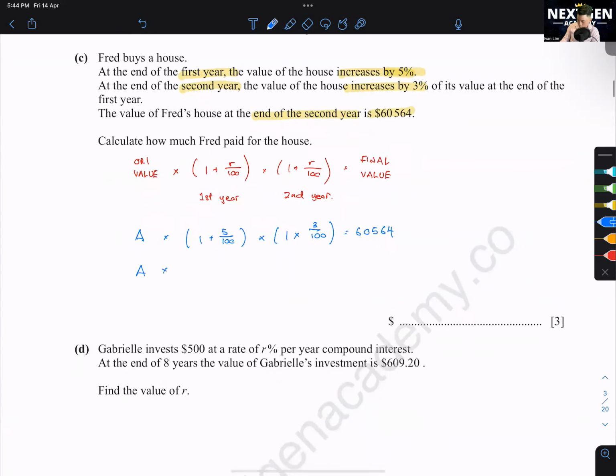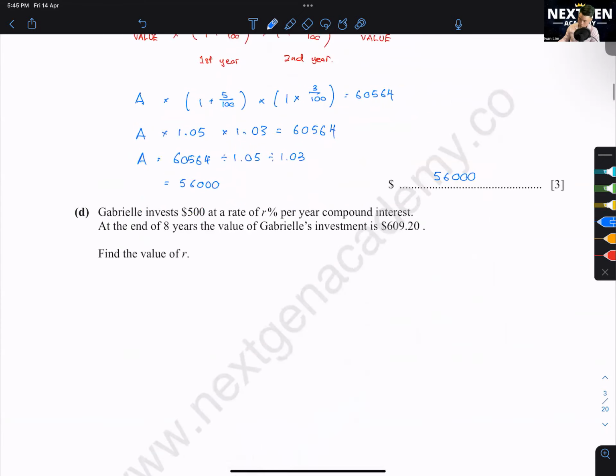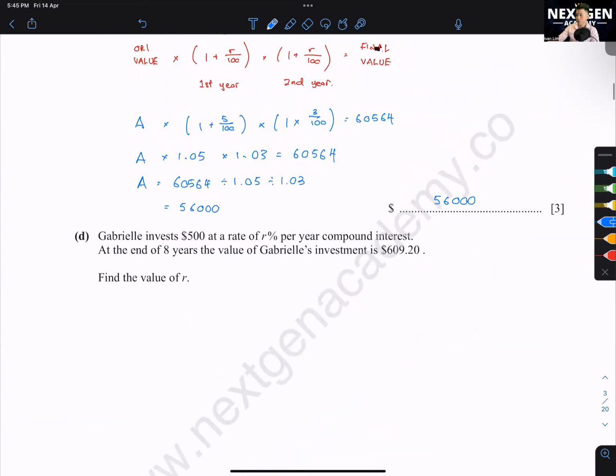Okay, so A times 1.05 times 1.03 equals to 60564. A will be 60564 divided by 1.05 divided by 1.03. Final answer you'll get is 56000. Okay, 56000. Okay, so make sure you all know this value here.